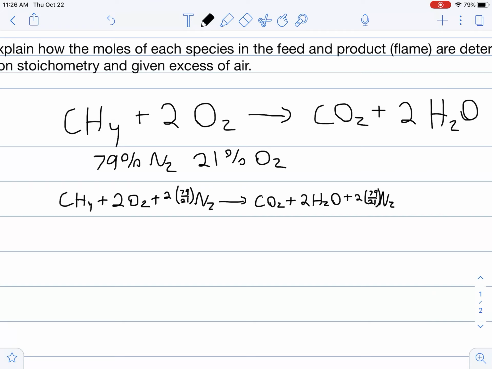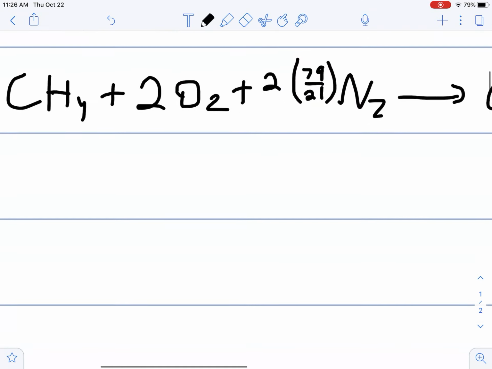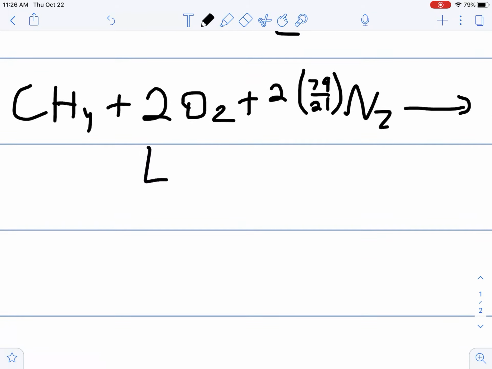If we wanted excess like we do in the equation, we have to provide extra air, in this case 20%. So if we add 20% of 2 to our original 2, this is 2.2 moles of oxygen at 20% excess.